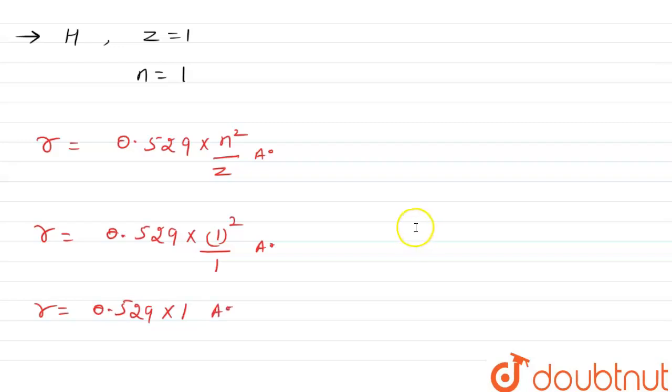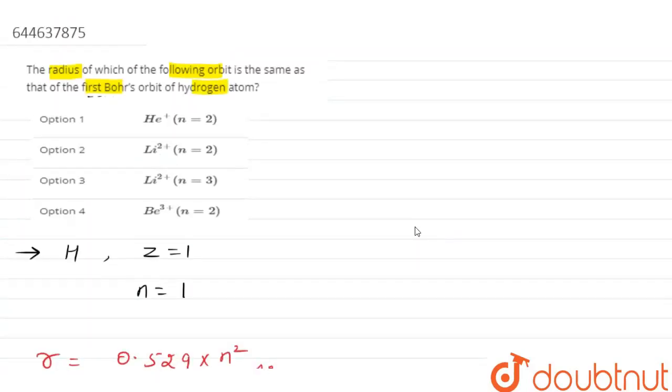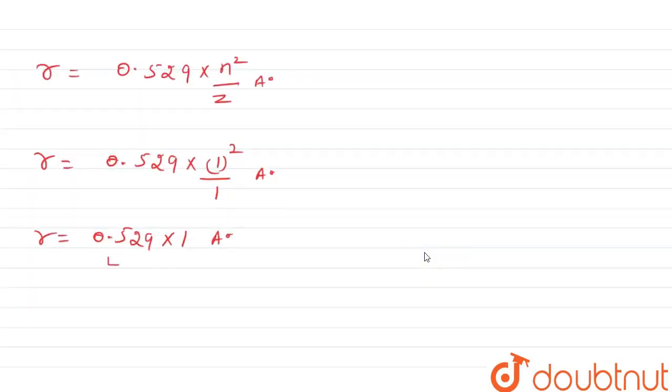Now what do we have to do in the question? We have to find the radius which is similar to this radius. We have to check the options and see in which option we get the same radius. Let's observe carefully.